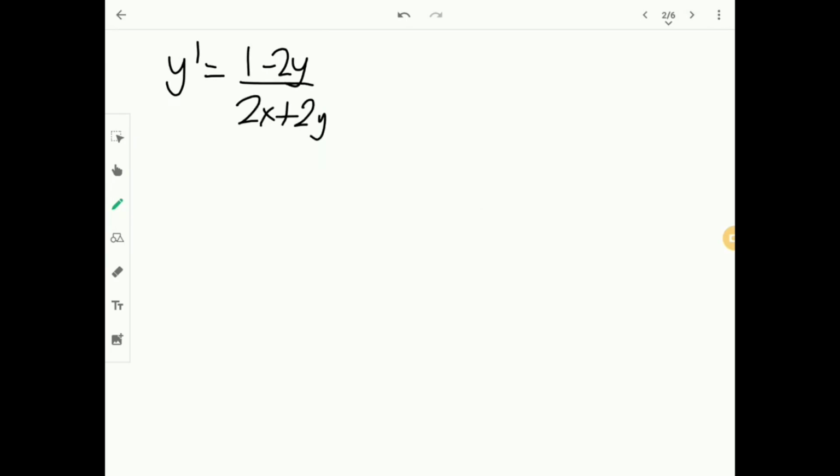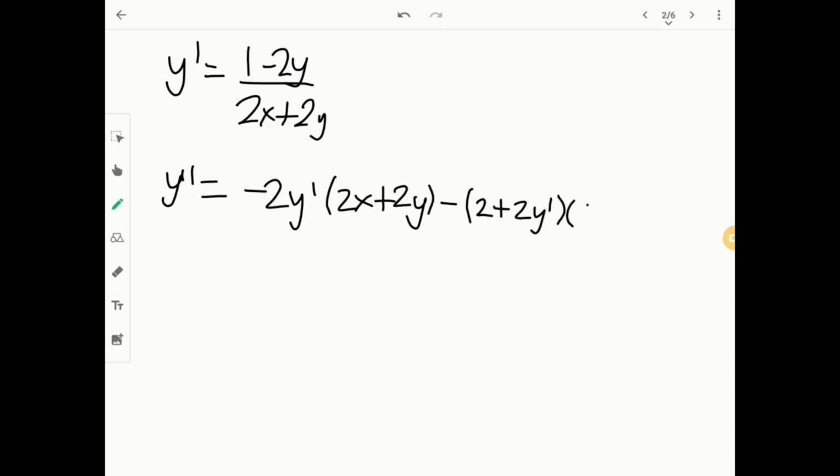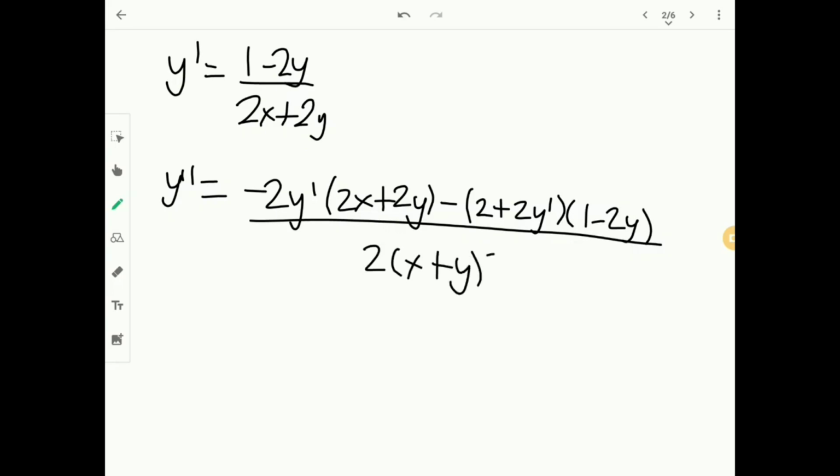We want y double prime, so we use the quotient rule. So we get minus 2y prime into 2x plus 2y, minus 2 plus 2y prime into 1 minus 2y, all over, let's take the 2 out for now, x plus y squared.